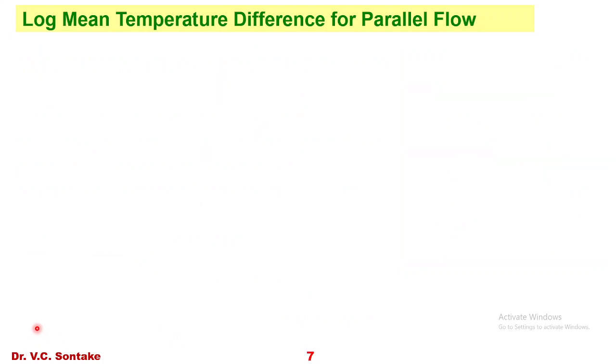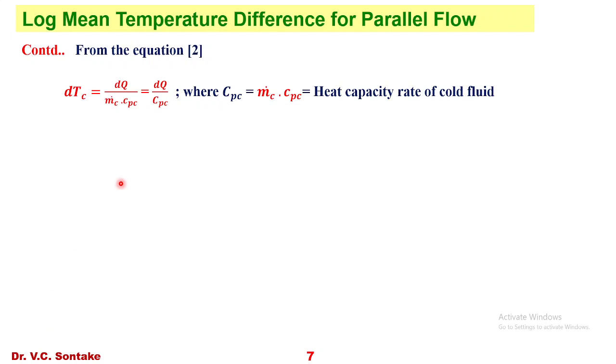In a similar fashion, dTc is equal to dq over m dot c cpc, which is equal to dq over capital Cpc, where capital Cpc is equal to m dot c into cpc, and this is the heat capacity rate of the cold fluid.